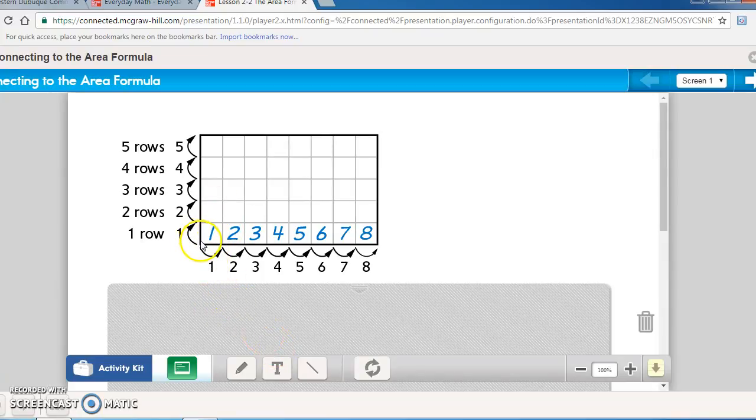We count how many across. 1, 2, 3, 4, 5, 6, 7, 8. And then we count how many up. 1, 2, 3, 4, 5. So 8 times 5 would be 40. That saves us from having to count every individual cube for the area inside this rectangle.